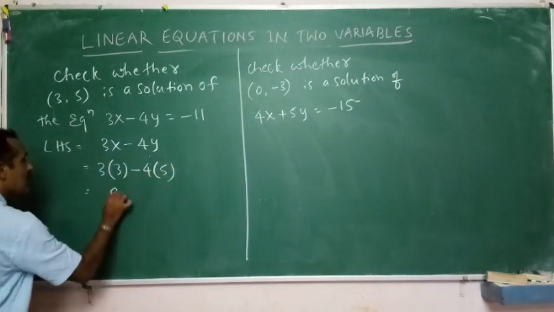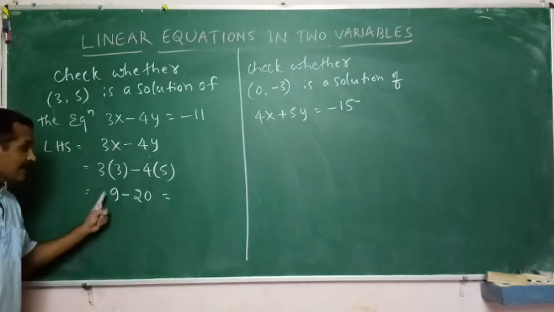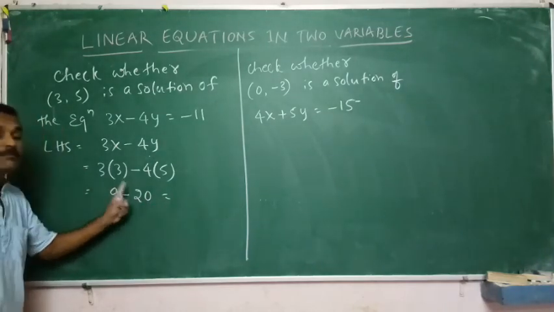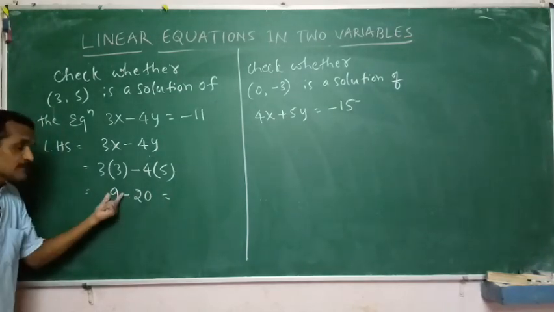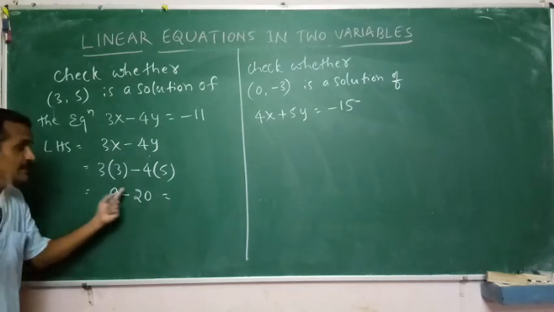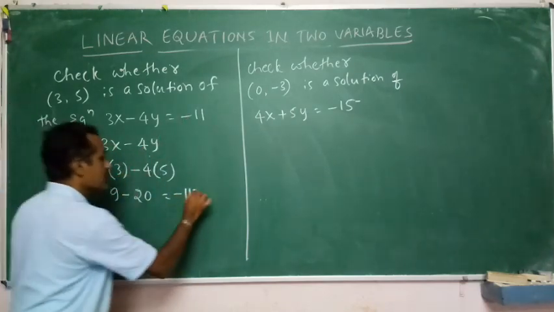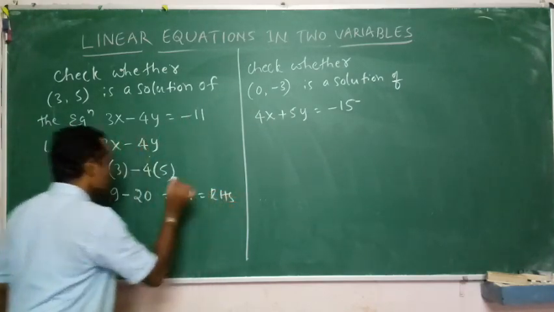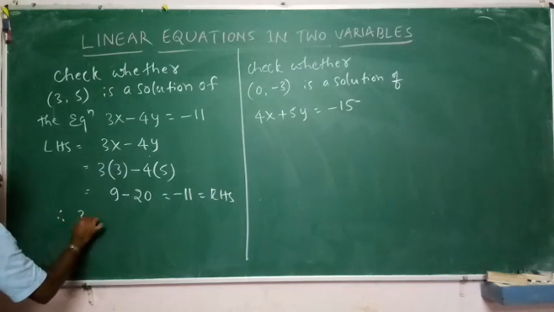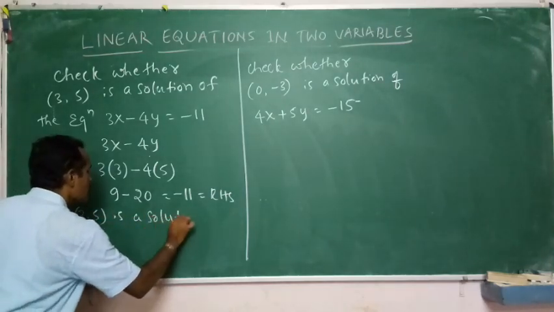It is 9 minus 20. You know that when there is a plus and a minus, bigger number minus smaller number, 20 minus 9 gives 11. Give the sign of the bigger number, minus 11. We got it, which is equal to RHS. Therefore, (3, 5) is a solution of the equation.